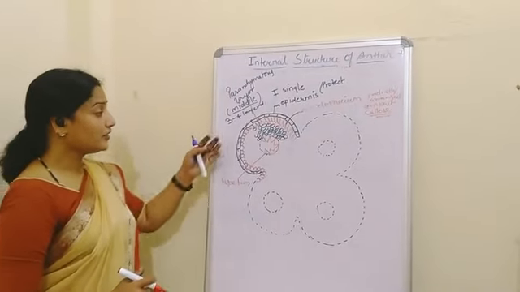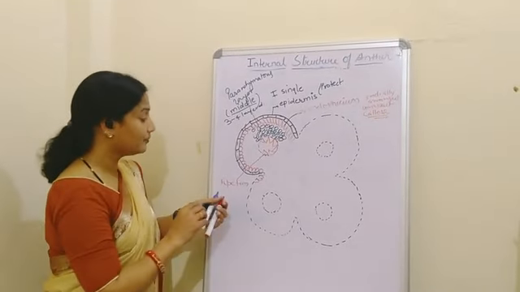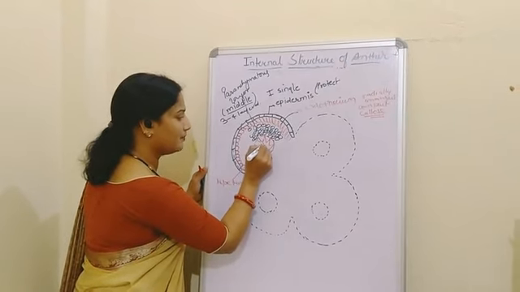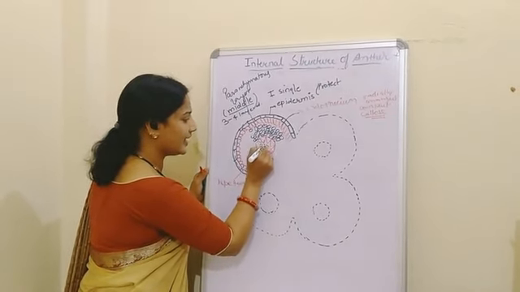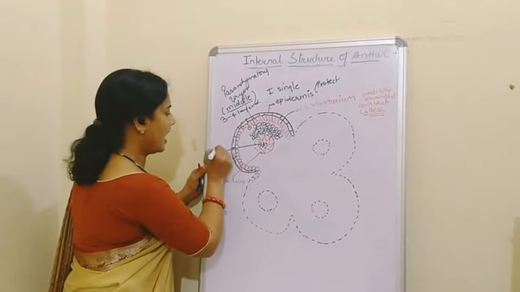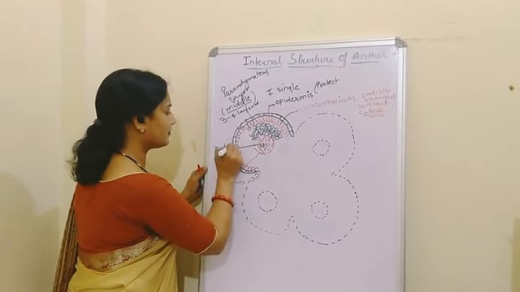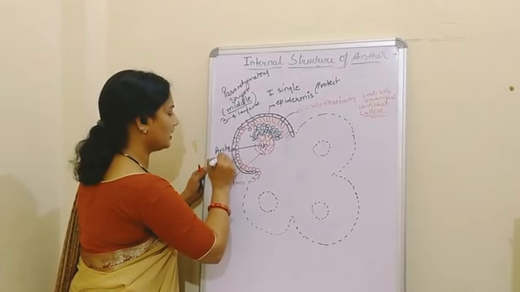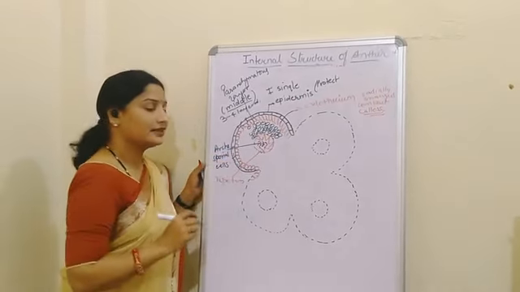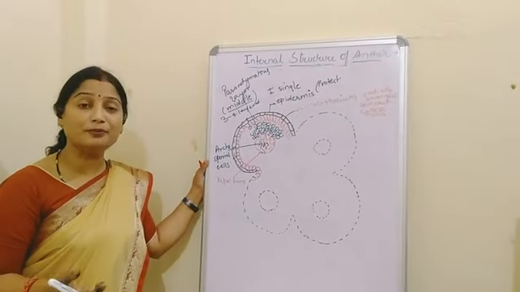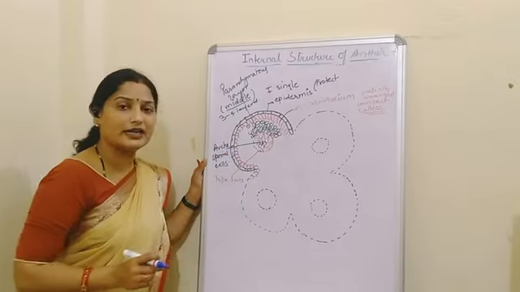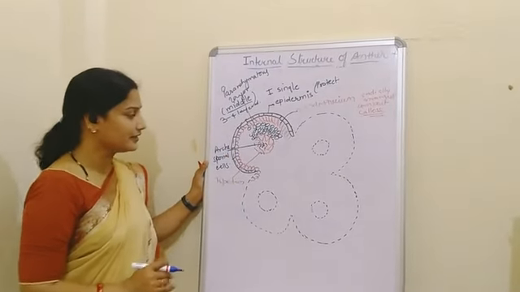Now see, what is the function of the tapetum? Before giving you the function: inside the tapetum there are cells called archesporial cells. These cells mature to form the pollen grains. So in the beginning, we call them archesporial cells.